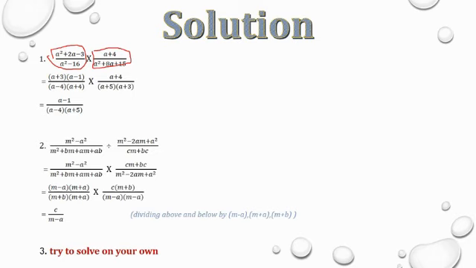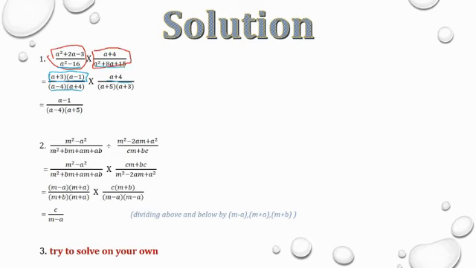And then the denominator is a perfect square. You just find the difference of the 2 squares to get a minus 4, a plus 4. And then moving on to the next fraction, the numerator is simple and the denominator is a quadratic function. Then you just factorize that quadratic function to get a plus 5 and a plus 3.